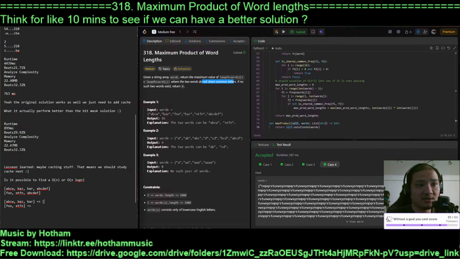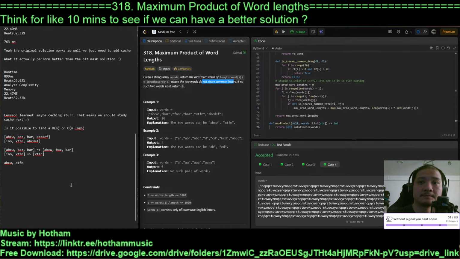So this will be ABCW, BAZ, BR, right? XDFN. Then we'll just have ABCW and XDFN. Right? Is that what it is? Try with a different example.